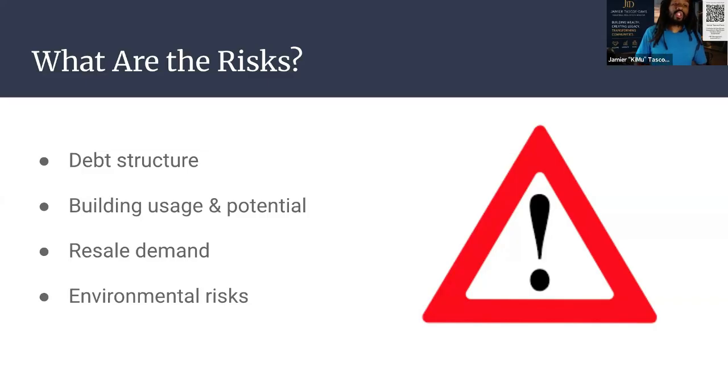So you want to make sure that you understand all of the risks, not just the debt. Yes, debt kills deals, and that's why it's at the top, because you want to pay attention to that the most. That's why I stress test so conservatively that I put the interest rate at 10%, because who knows what will happen? Who knows what a lender is going to give you?